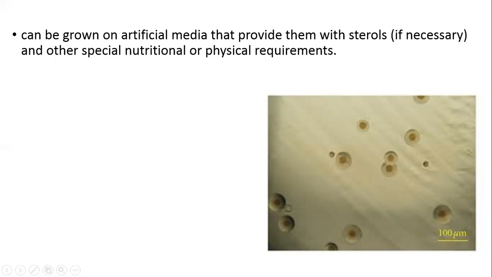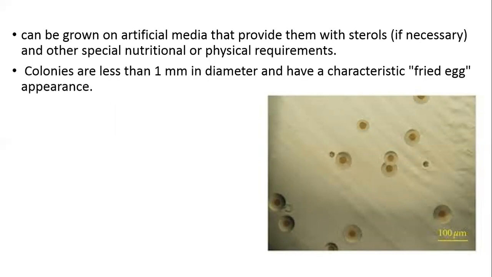You can see that they show very distinct, fried egg-like colonies. Their colonial appearance is very different from other bacterial colonies, and the colonies are less than 1 millimeter in diameter.